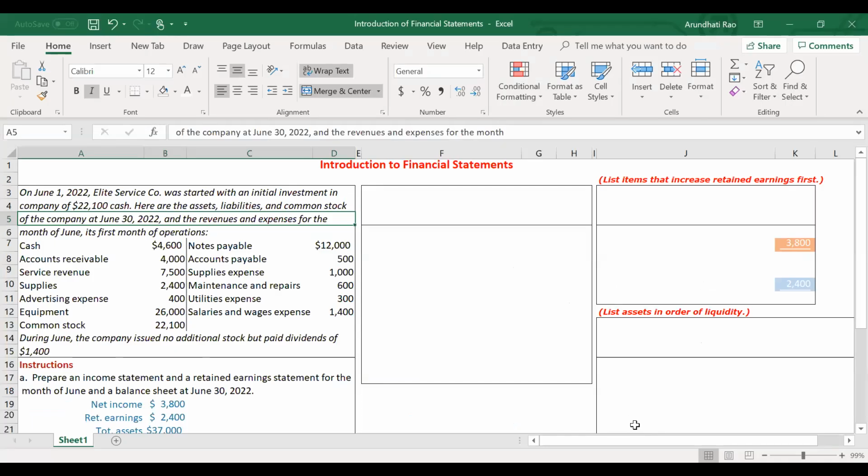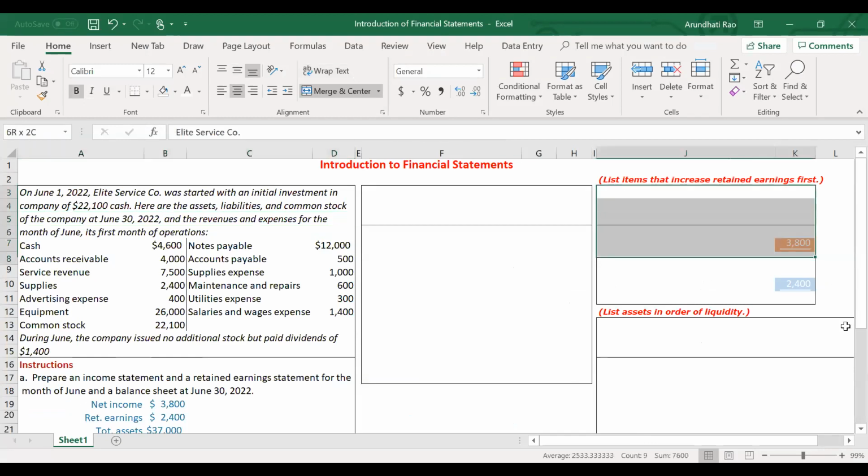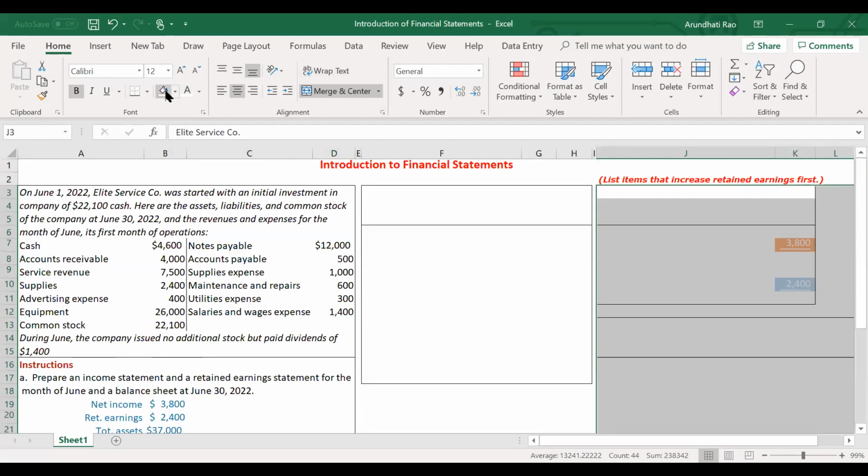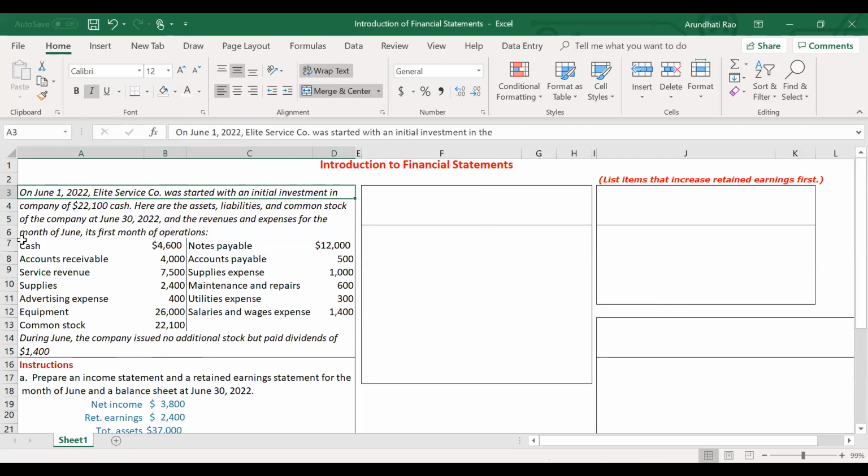Okay, and I now have my Excel spreadsheet set up over here for you. So before I get started, let me just do something real quick over here. Okay, so the homework problem stated that on June 1st, 2022, Elite Service Company was started with an initial investment in the company of $22,100 cash.